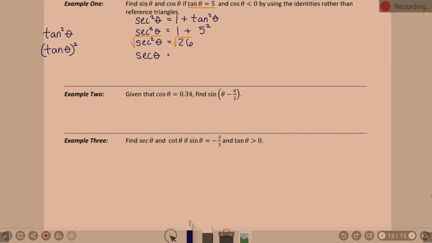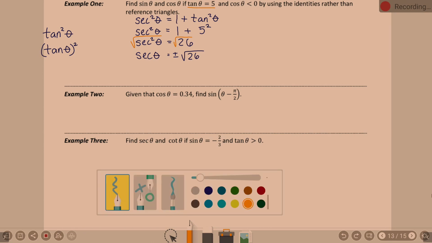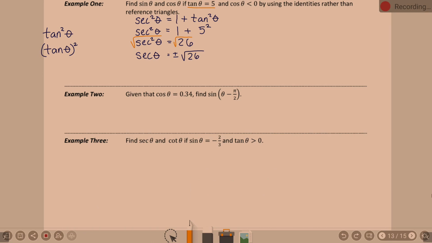What else do we want to put with it? Plus or minus. Did we take the square root in an equation setting? Yes. So we need to say that secant theta is equal to plus or minus the square root of 26. Now, it can't be both. It's one or the other.